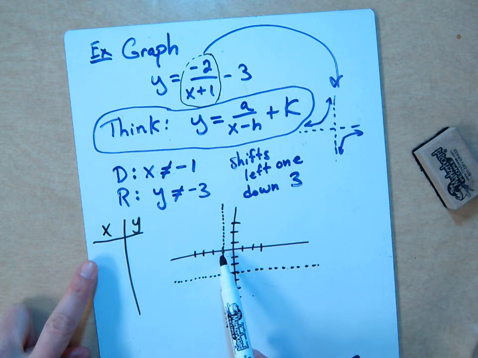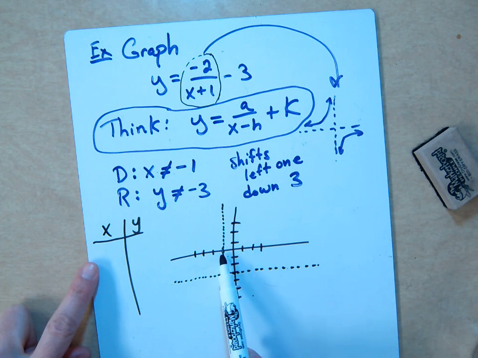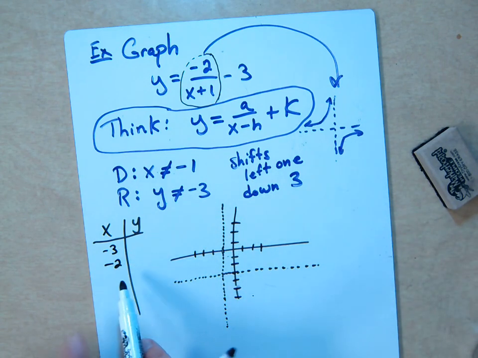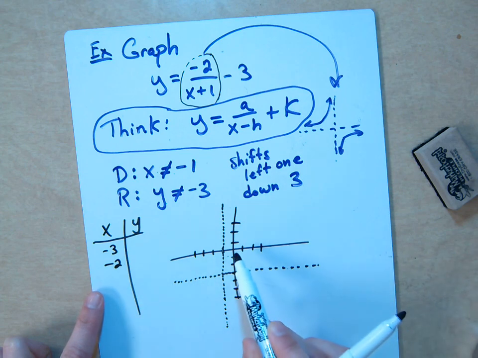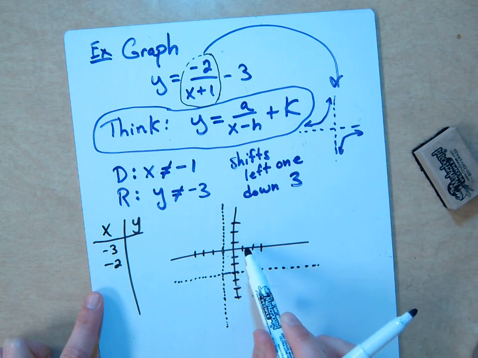You pick the 2 to the left of it and the 2 to the right of it. That'll be enough because we know the shape. So x is -3 and -2. I'll just go in order. It can't be -1. And what are the other two to the right of it? 0 and 1.